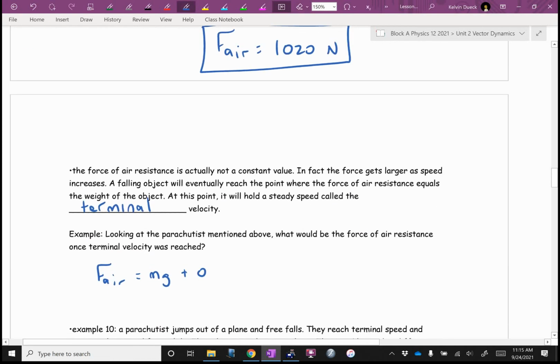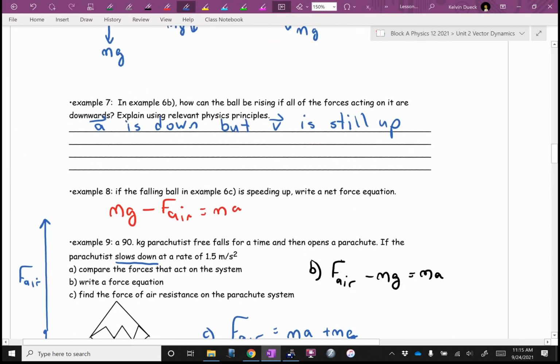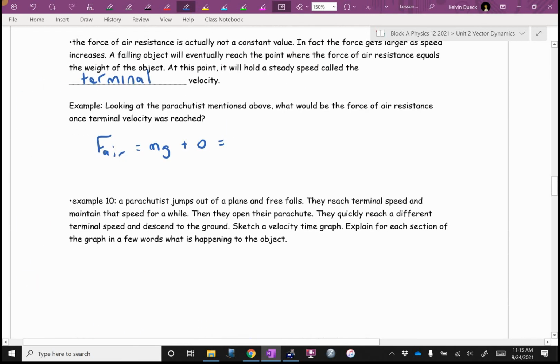So it's just going to be plain old mg. It would be 90 times 9.8. It's going to be 900, take away 18. So it's going to be 878? No, 882? Or am I wrong? What do you get? Is it 882?